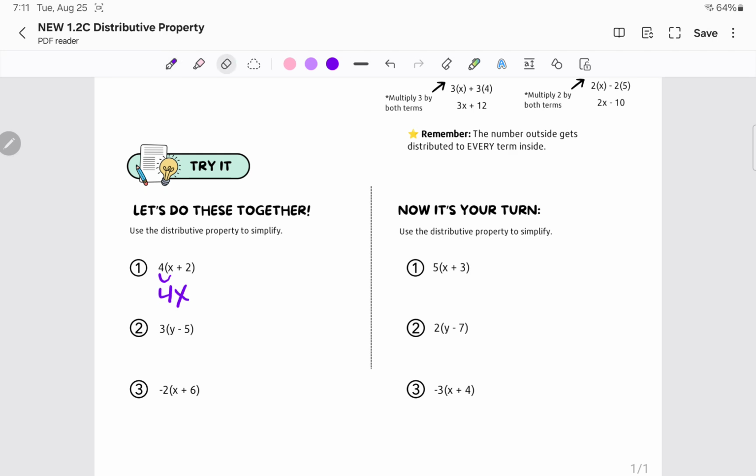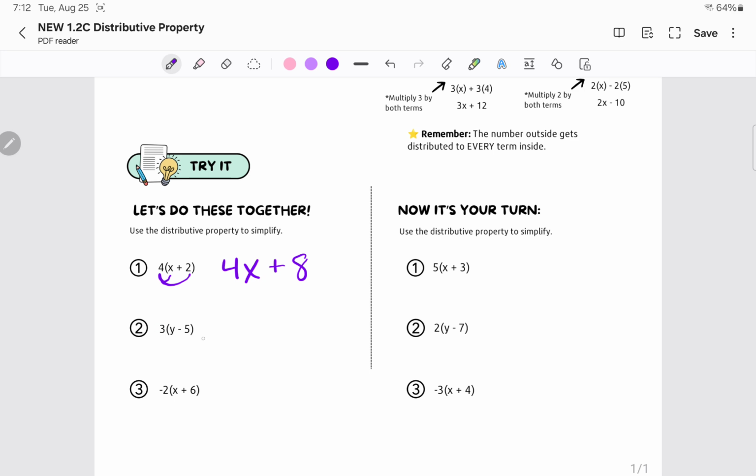Then there's a plus in the middle, so don't forget that plus. Then we multiply the 4 to the second term, which is the 2. What is 4 times 2? That is 8. So my answer is 4x plus 8, and that is it.